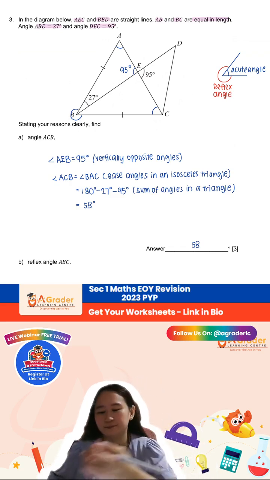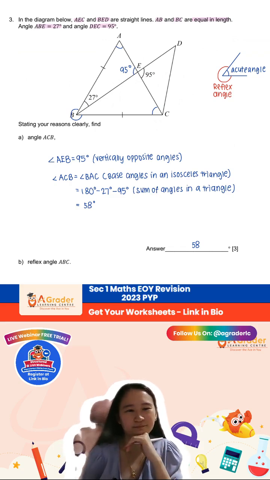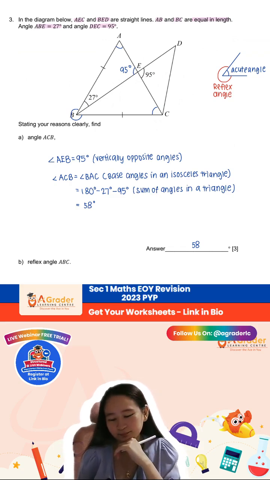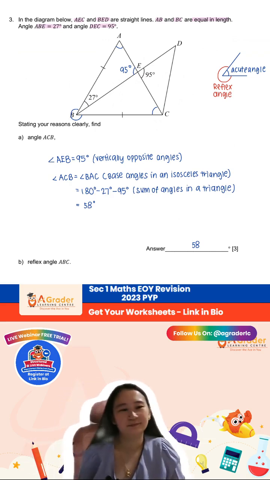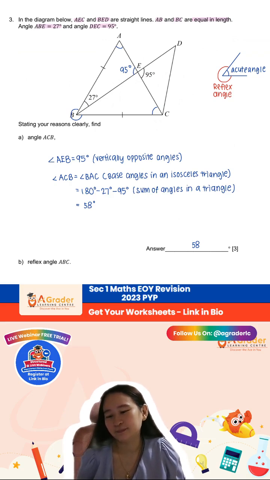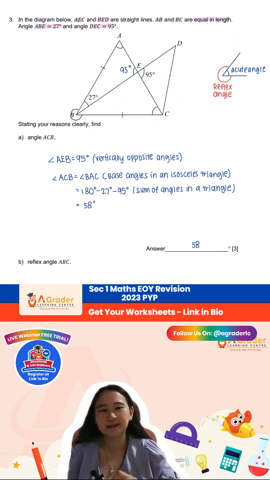Okay? So do you want to try? What do you get for the reflex angle? You have to find what is the angle ABC first. Yeah, correct, 296.